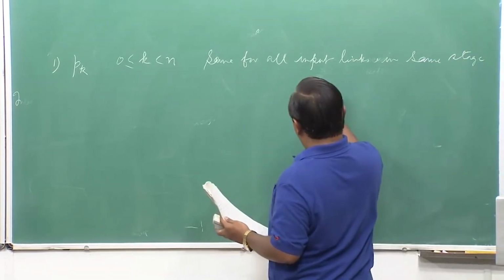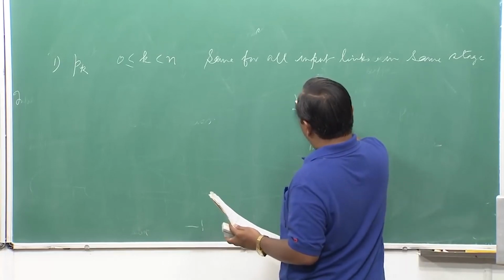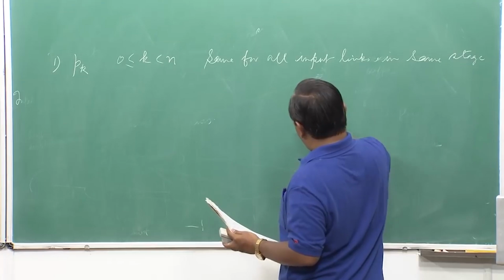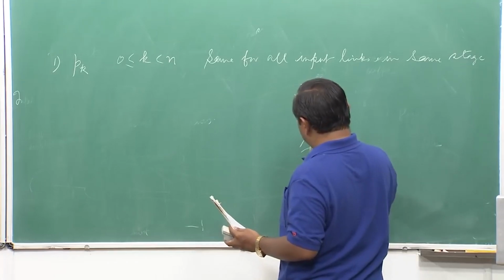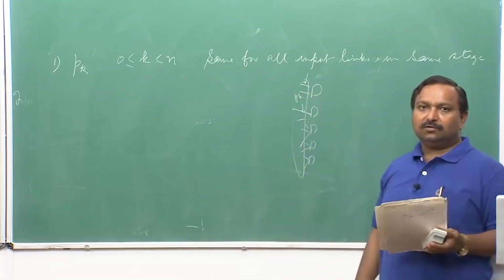What does it mean if I have a lot of switches? I estimate some Pk here, and this will remain the same for all input links to this particular stage.